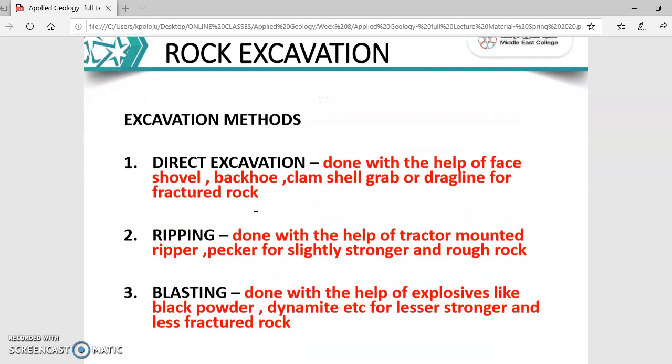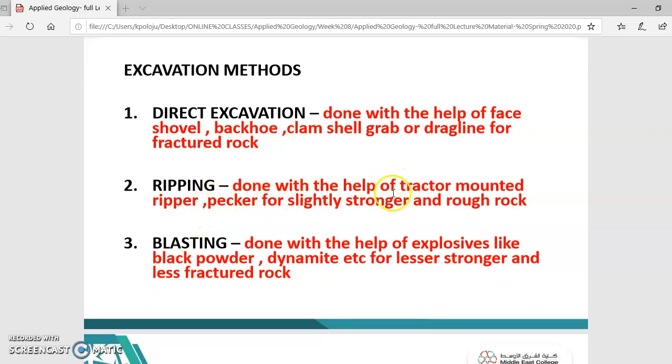Next, rock excavation. How is rock excavation done? There are different methods of excavation, like direct excavation. This is done with the help of a face shovel or backhoe, clamshell grab or dragline for fractured rock.